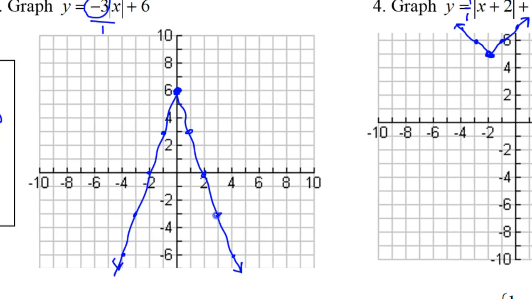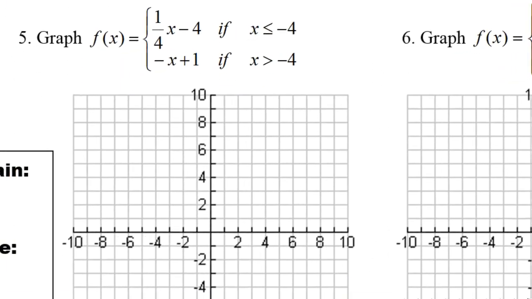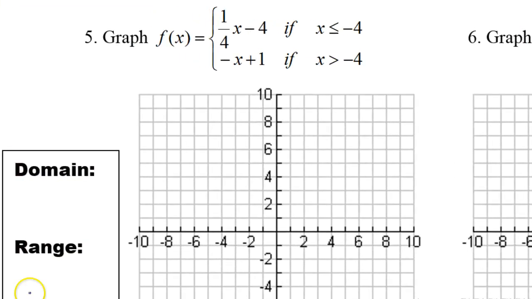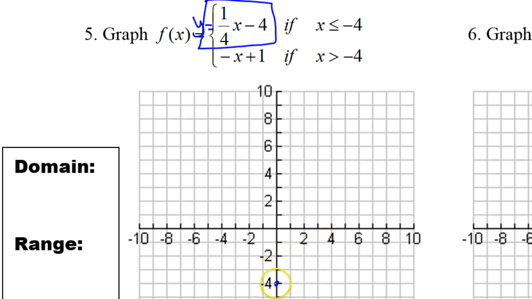All right, let's find problem number 5. So now we're going to graph this piecewise function. So let's graph this part first. So think y equals 1/4 x minus 4. So I could go to negative 4 as my y-intercept.